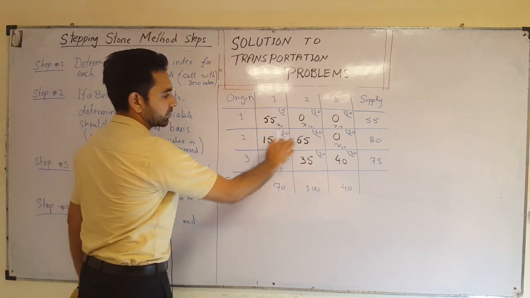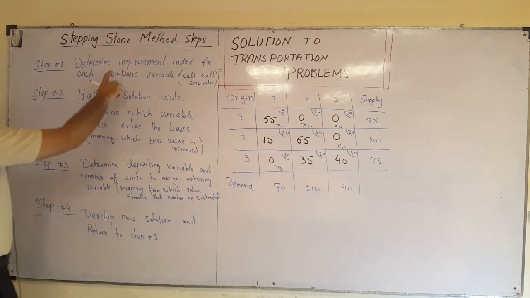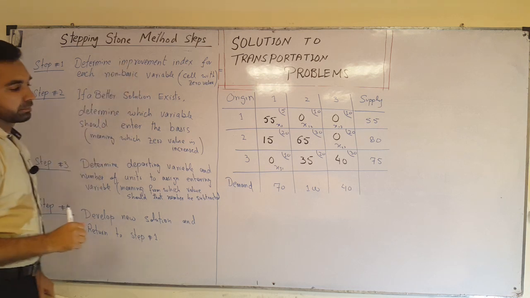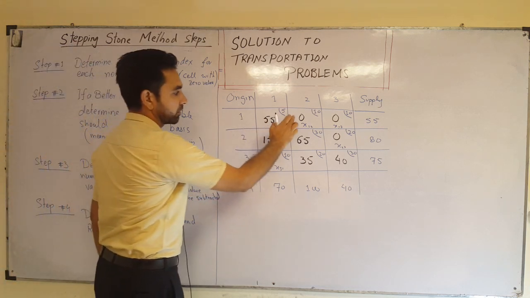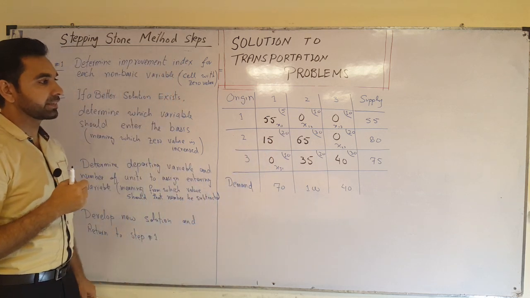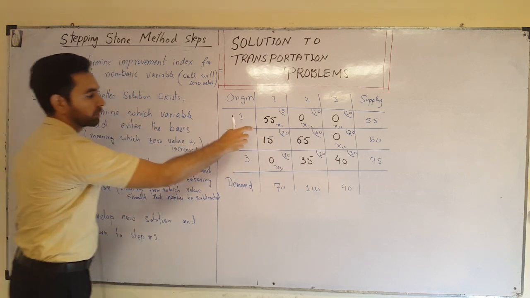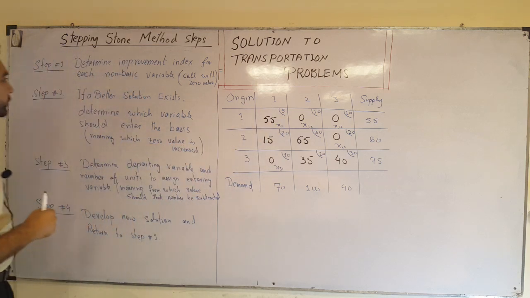The entries which have something in them are called basic variables. So you have to find the improvement index for these 4 non-basic variables. How do we find that? I will explain that when I solve this question.